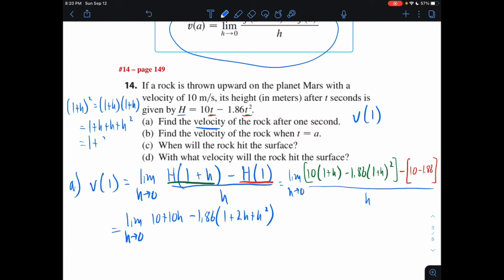That's how I get 1 plus 2h plus h squared. And then minus what's in red, which means minus 10, but then plus 1.86. And then divide all of this by h. And you can see that we have a couple things we can cancel out. Like this 10 right there will cancel out with the negative 10.